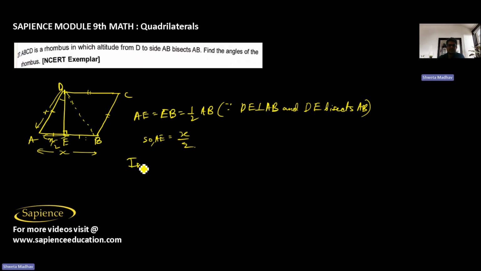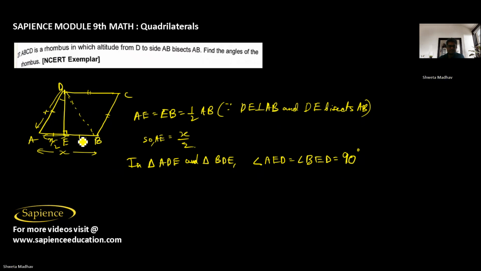Now you can see that in triangle ADE and triangle BDE, angle AED is equal to angle BED, which is equal to 90 degrees, since DE is perpendicular to AB.